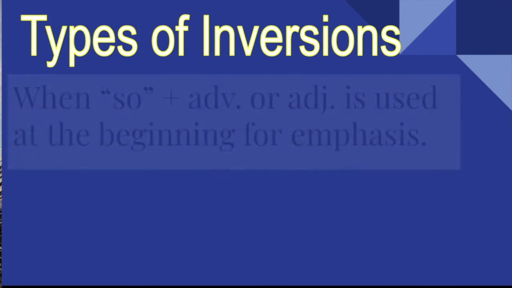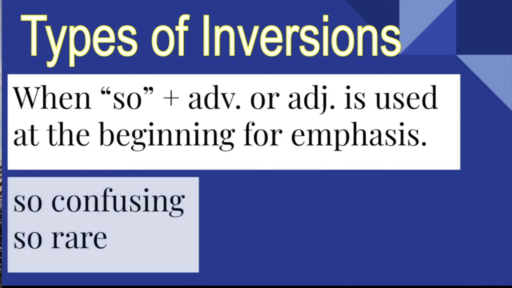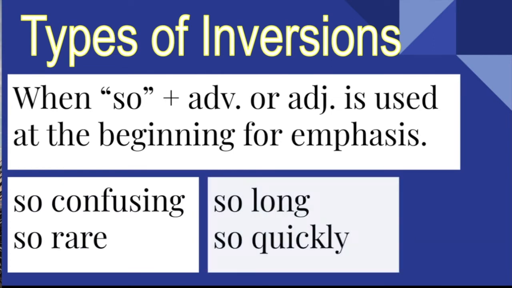Types of inversions. Another one besides the negative phrases is using so plus an adverb or an adjective at the beginning for emphasis. So confusing, so rare, so long, so quickly. These are some examples of so plus an adverb or an adjective used at the beginning for emphasis.